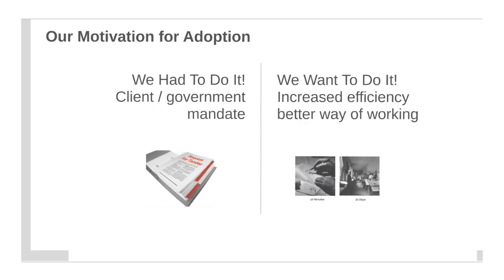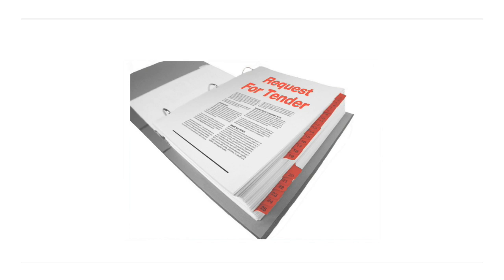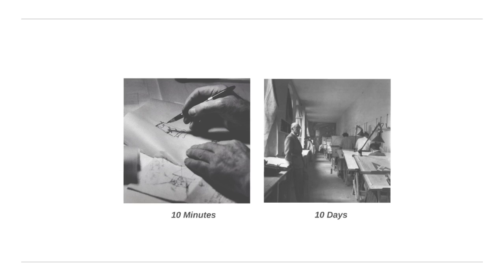So what was our general motivation for adopting BIM? You could say that we had to do it. As Ian mentioned before, the government's level 2 BIM mandate is imminent. We're also seeing an increasing emphasis from our clients or prescriptive clients on BIM capabilities. But we actually came to BIM because we wanted to do it.